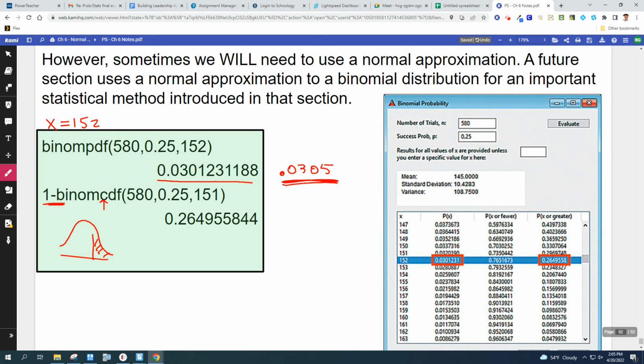The way this formula works is a CDF is going to add from 0 up to 151, so by saying 1 minus, they're getting this side and not this side. Anyway, their answer of 0.2649 looks pretty close to our approximation of 0.2665. So again, our answers were approximations. They weren't perfect, they weren't exact, but they were pretty darn close.